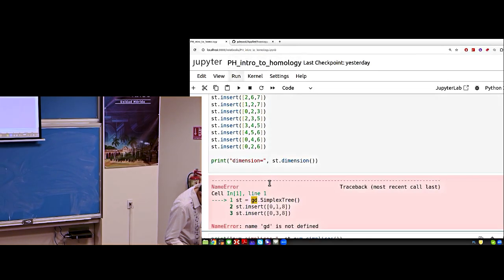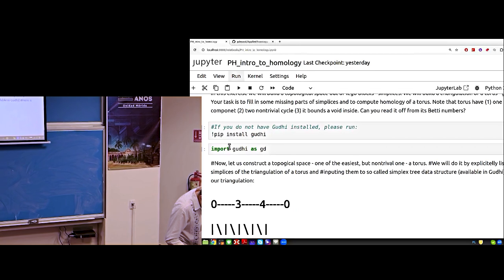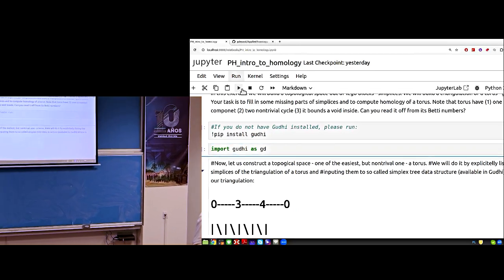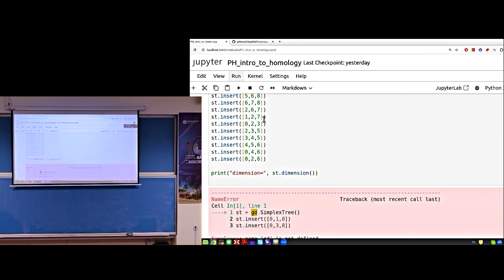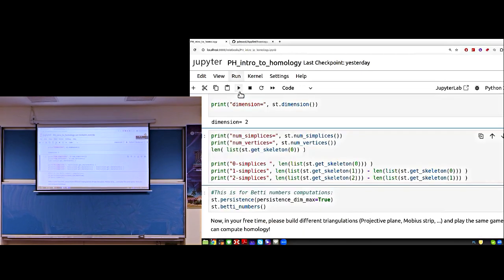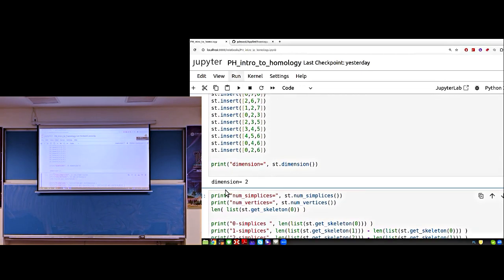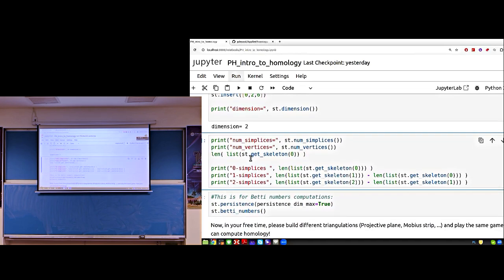So you don't need to bother, you just need to include Gudhi. So let me start from the beginning. Now it created a simplex tree, a simplex of dimension 2. We are actually writing down the dimensionality.